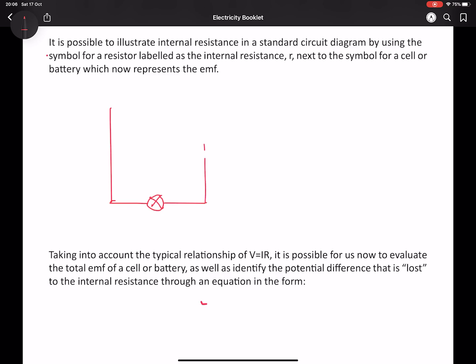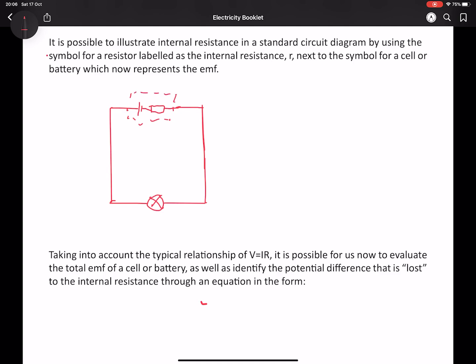I've chosen it to be a bulb, could be anything like a resistor, etc. Now, we're obviously going to make space at the top here for the cell. And where we would normally draw the cell, we can also draw a resistor next to it. So this is like a normal series circuit so far. We just happen to have a cell, resistor, and bulb in series.